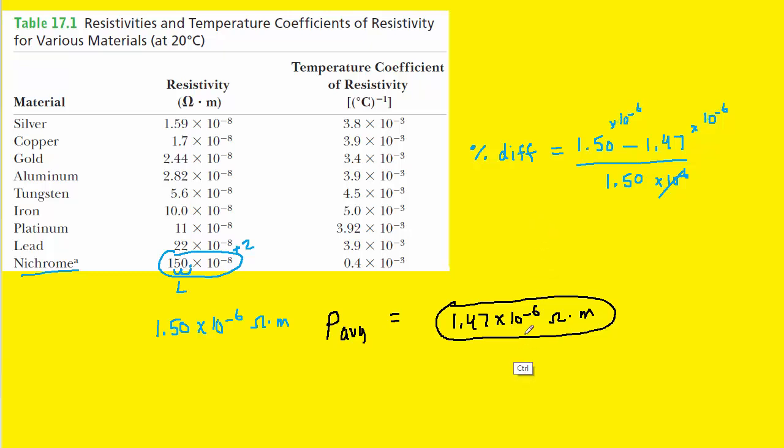So it's easier just to omit them all together. And then once we have that set up, we can multiply by 100 to convert it into a percent. So if we do that, we're going to get exactly 2%. And so what we can conclude is that the experimental value, this value right here, is 2% smaller than the stated value in the table.